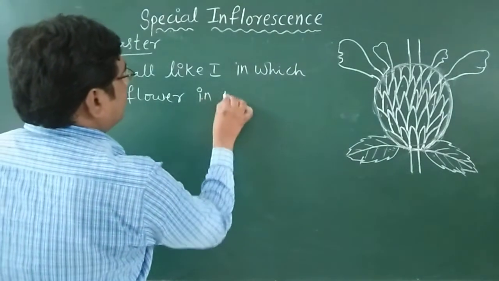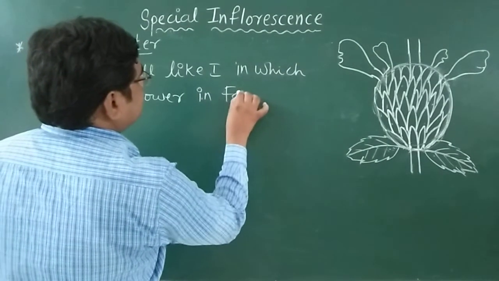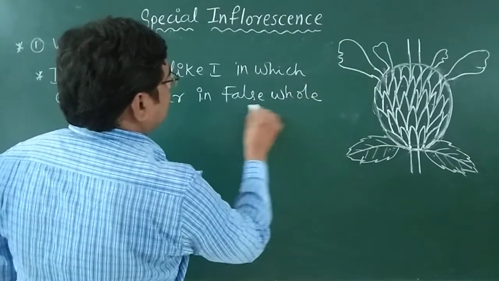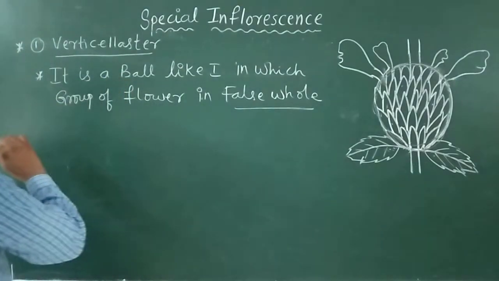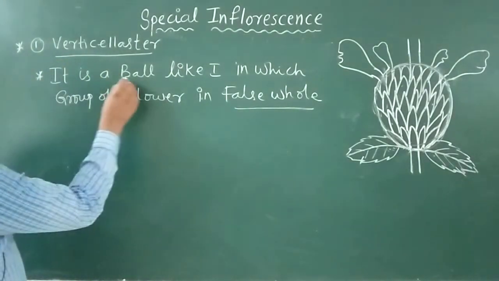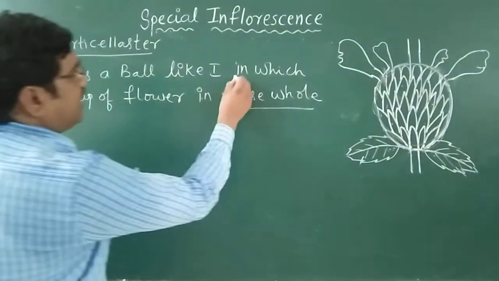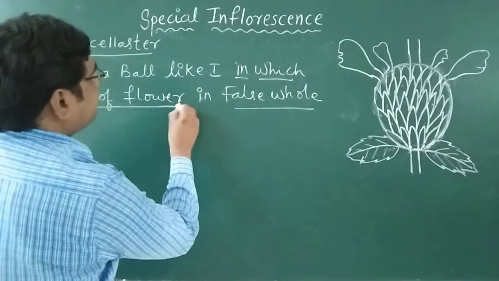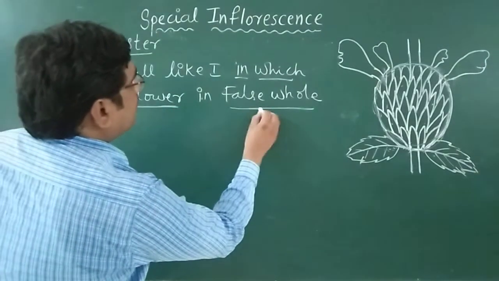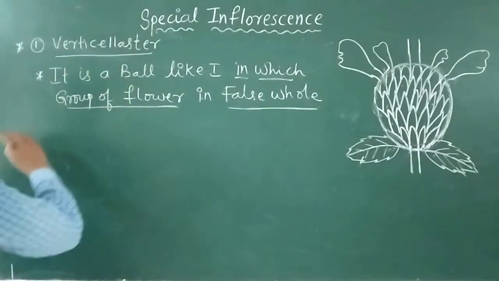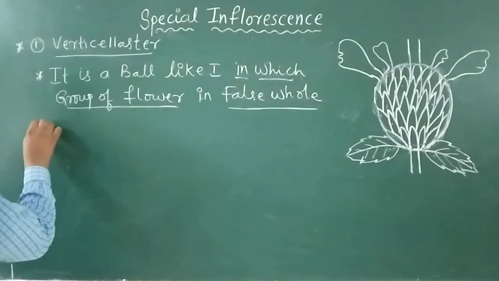What is the definition of the verticillate aster? It is a ball-like inflorescence in which a group of flowers are formed in a false whorl. That is called verticillate aster.